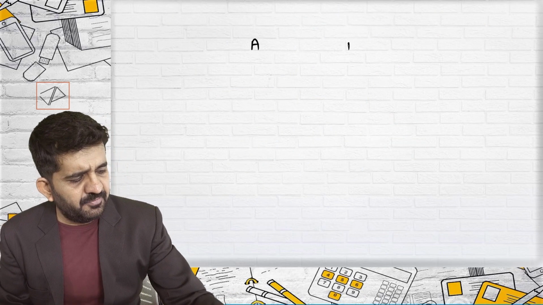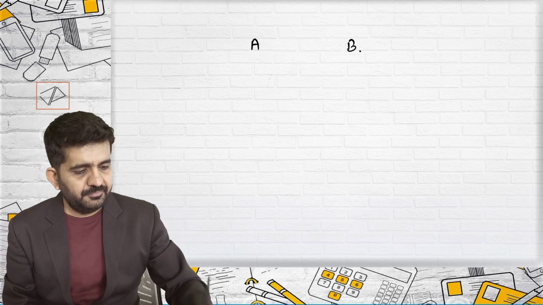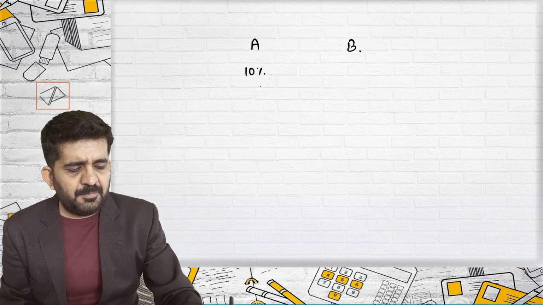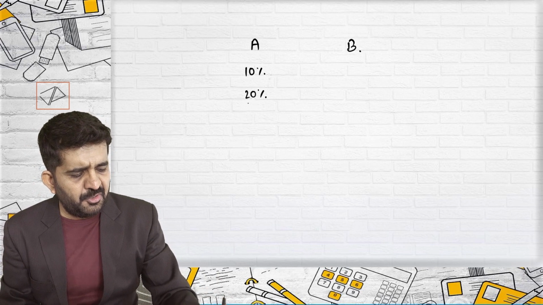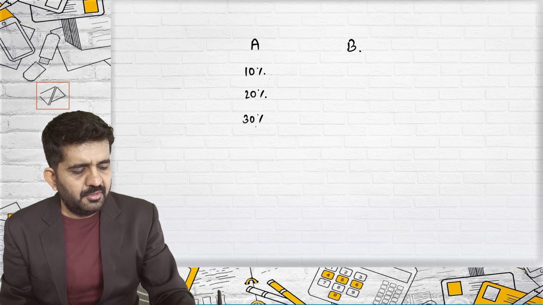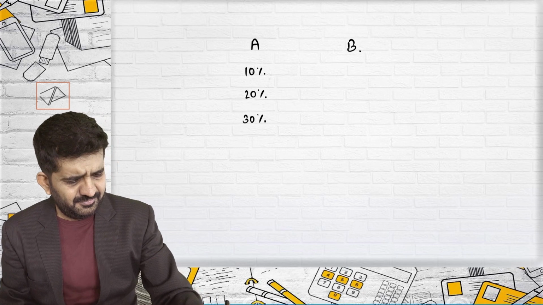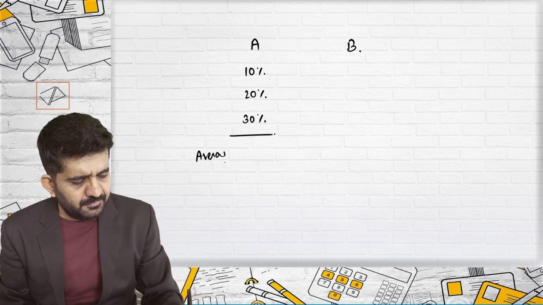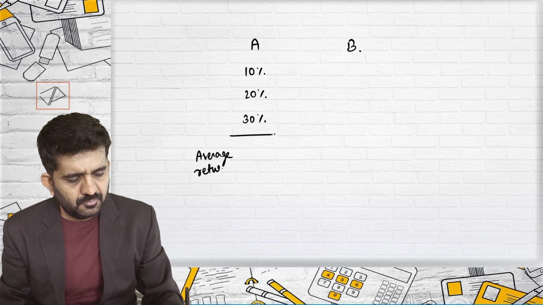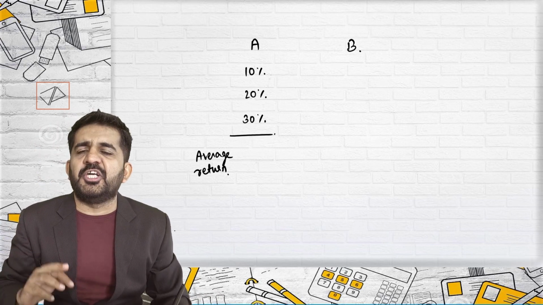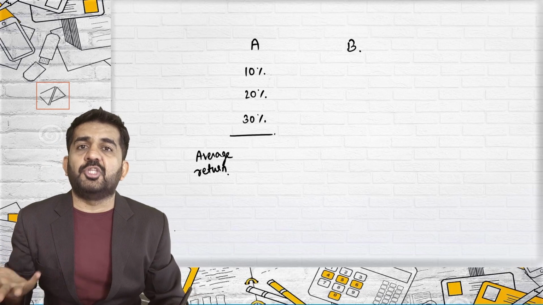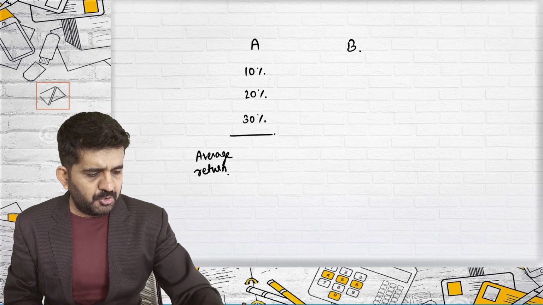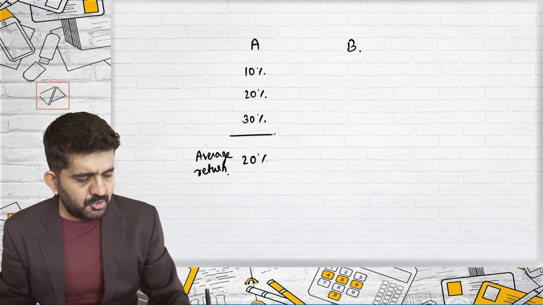There are two types of investment, A and B. A is earning 10% return, 20% return or 30% return. What is the average return? It might earn 10%, it might earn 20%, it might earn 30%. Simple average: 30 plus 20 plus 10 divided by 3 is 20%.